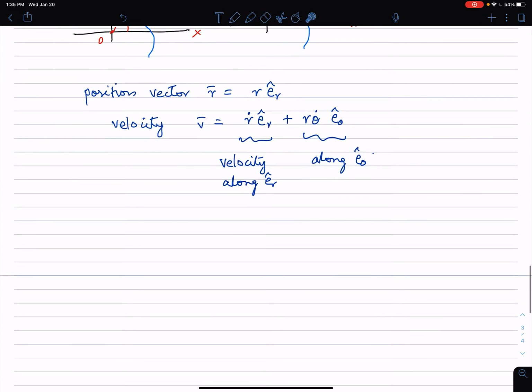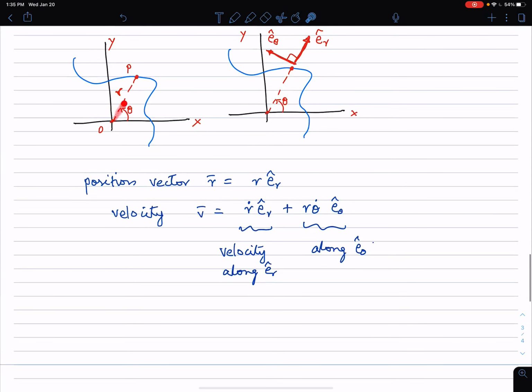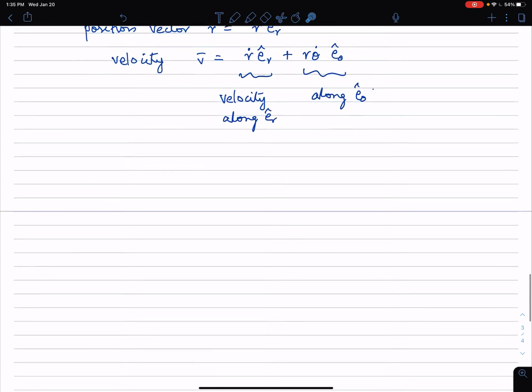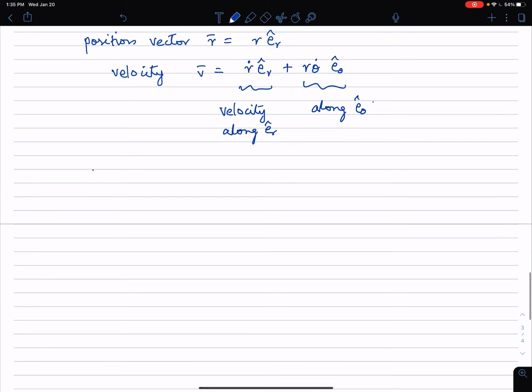So along the e_r direction, if the radius changes, that r dot is basically the velocity in that direction. It's r dot e_r. And then in the perpendicular direction, it's r theta dot e_theta, which is the same as before. Okay, so that's position vector and velocity vector.